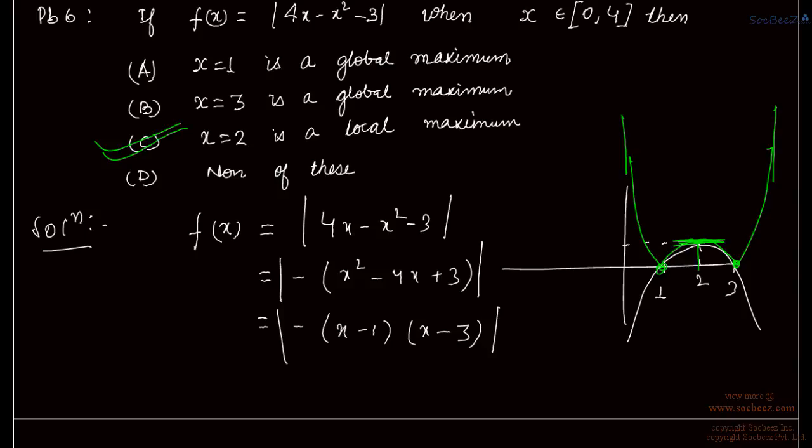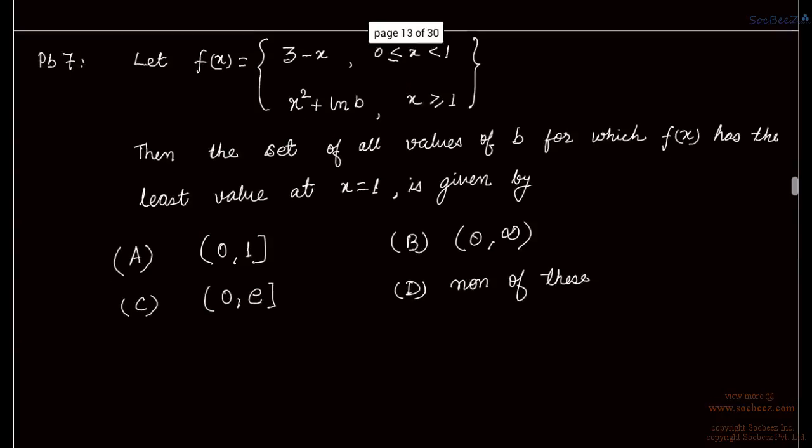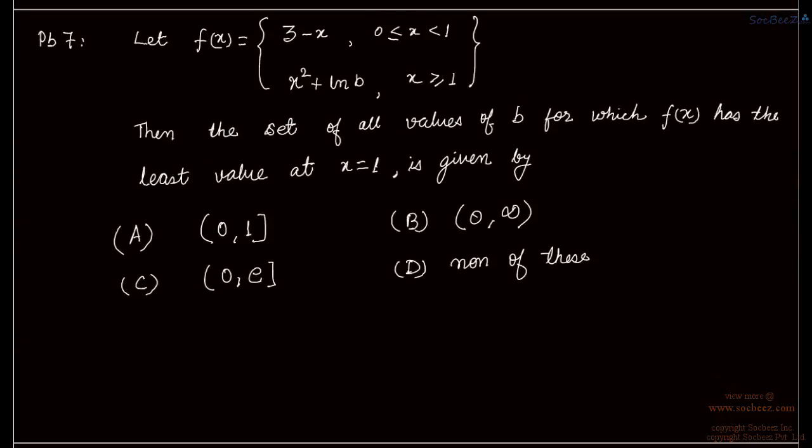Now moving towards the next question. We have the curve f(x), which is defined as 3 minus x in the interval [0, 1] and x square plus ln b in the interval [1, infinity). So then the set of all values of b for which f(x) has least value at x is equal to 1 is given by.